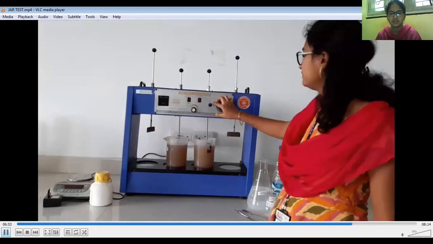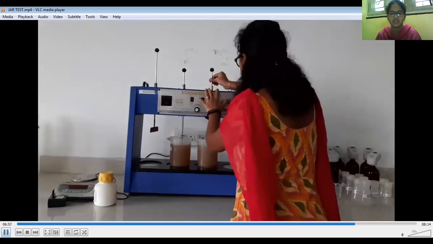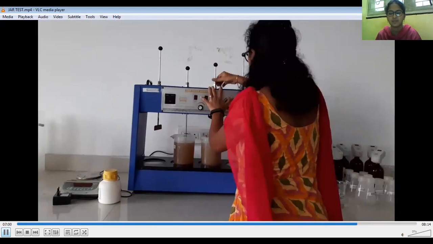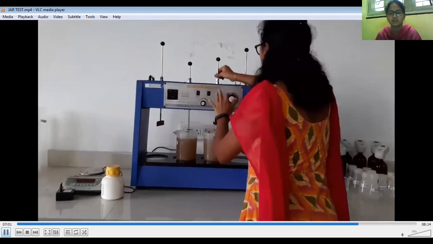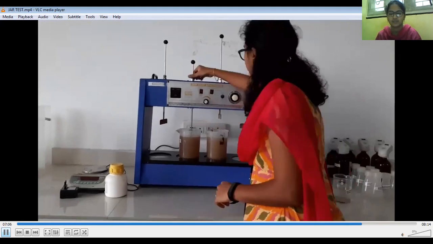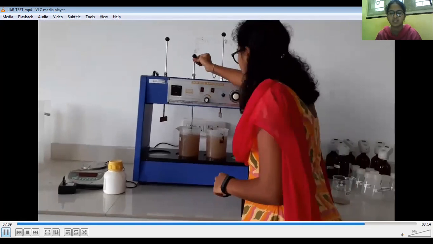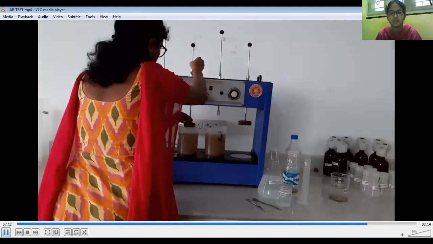After stirring is completed, switch on the light and allow the floc to settle for some time. Then observe the extent of turbidity removal in all the beakers.